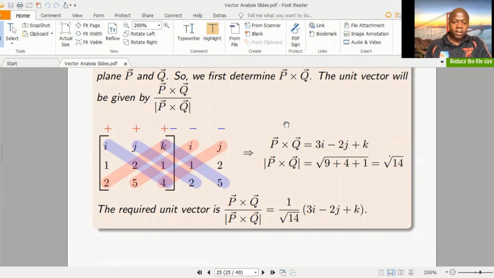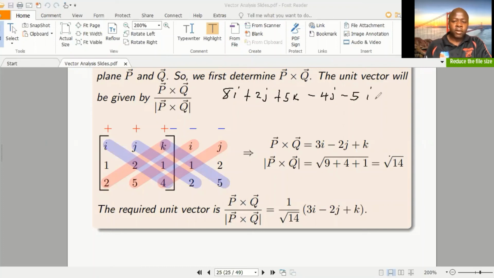Let's just multiply. Maybe somebody may not be aware of how to multiply. Let's just do it again. This will be 8i. This will be 2j. This will be 5k. And then we're now subtracting this. This will be minus 4j. This will be minus 5i.